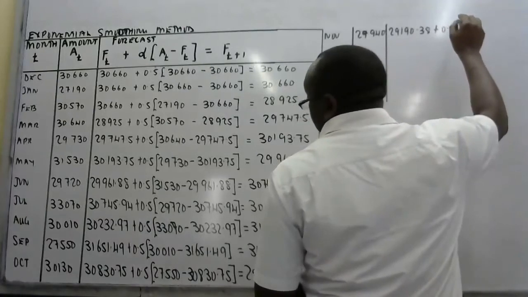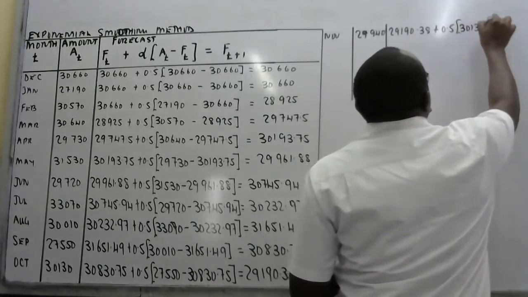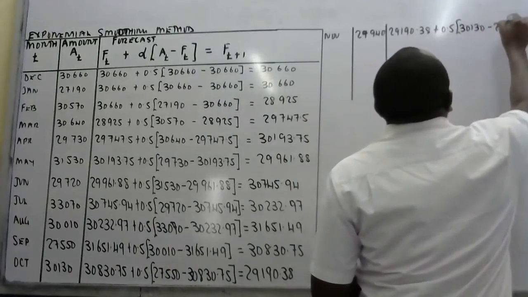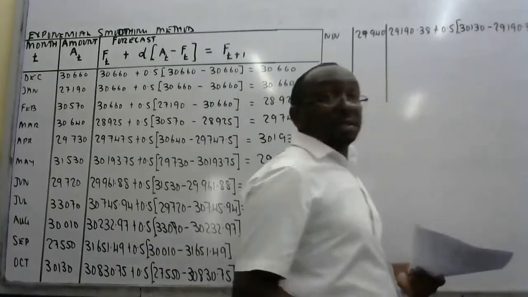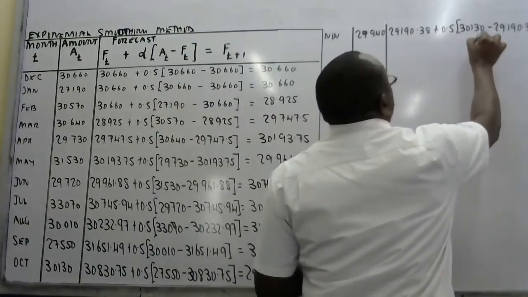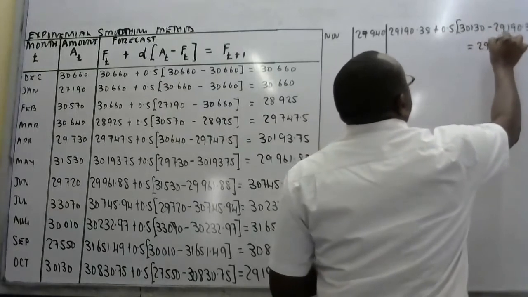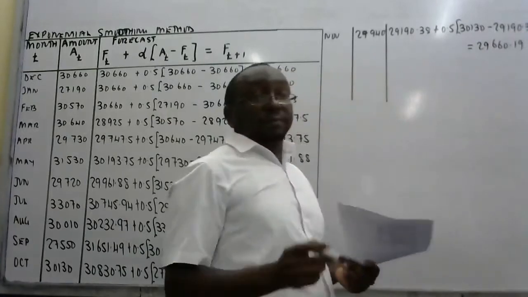The actual for the last period is 3130 minus 29,190.38. You get 29,660.19.